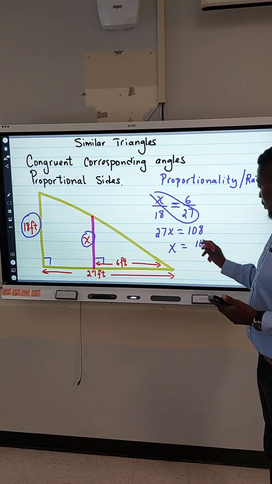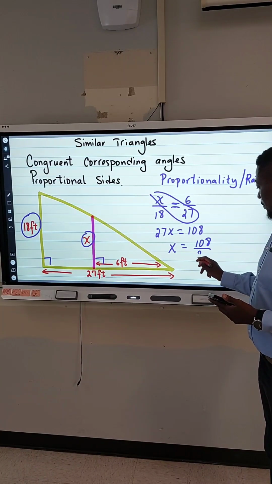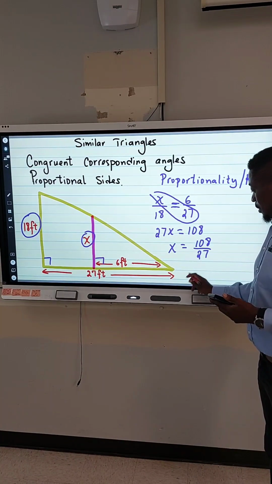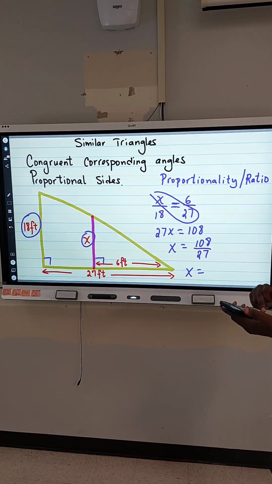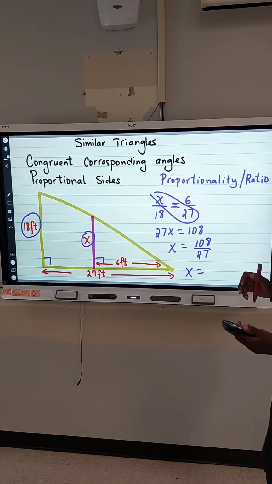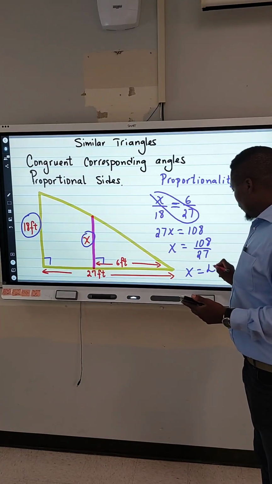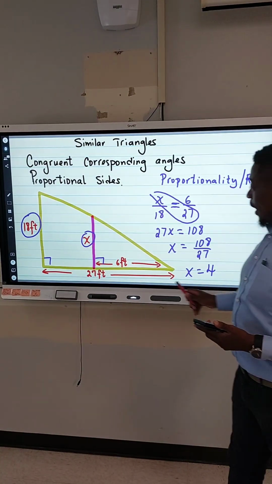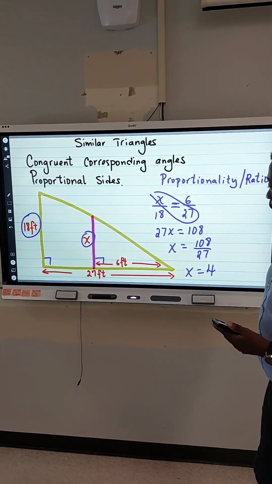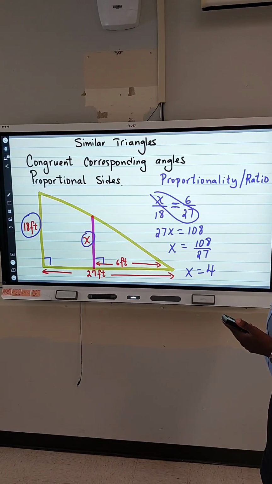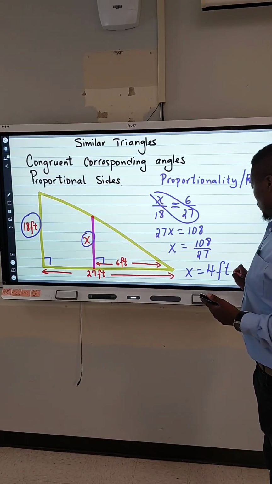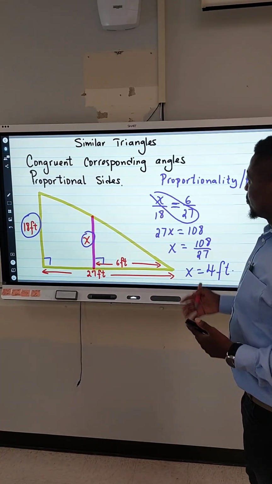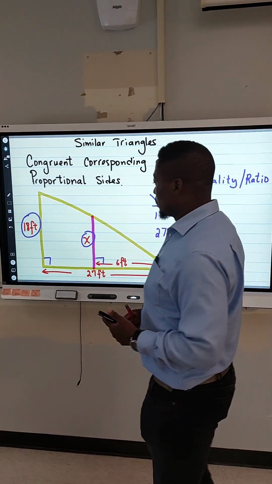So x is 108 divided by 27, and so the height of this smaller triangle is 4 feet. So that is how we solve problems involving similar triangles.